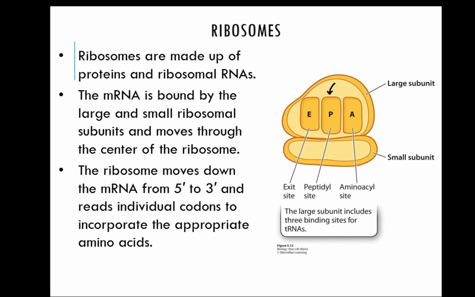Okay, so I told you there are three kind of active sites within this ribosome. One is called the A site, the amino acyl site. That's where the transfer RNA comes in first. The one in the middle is called the peptidyl site. This is where you form a peptide bond.